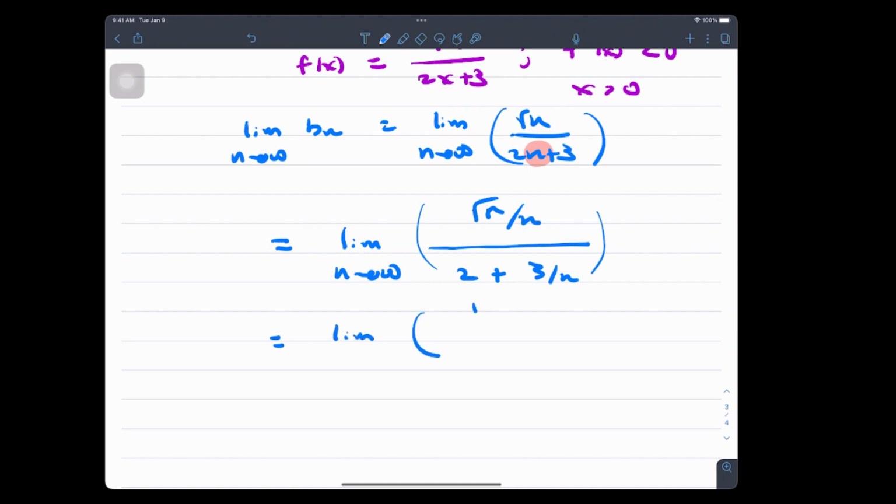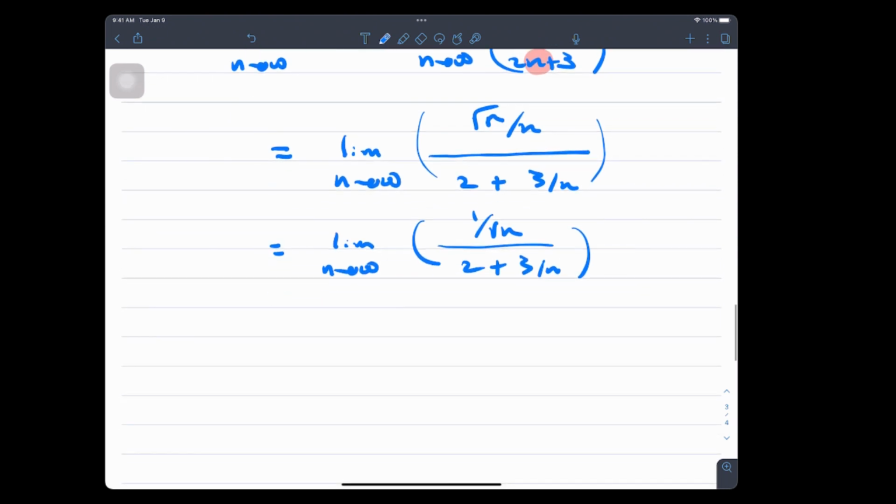What is that numerator? Isn't that numerator going to be 1 over the square root of n, over 2 plus 3 over n? Double check. This is going to be what? Isn't that 0 over 2 plus 0, which will be 0 over 2, which equals 0.